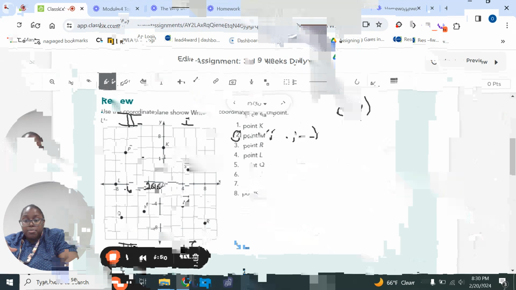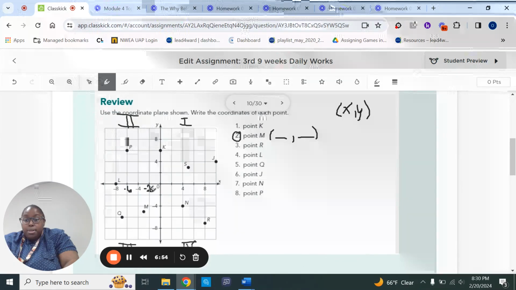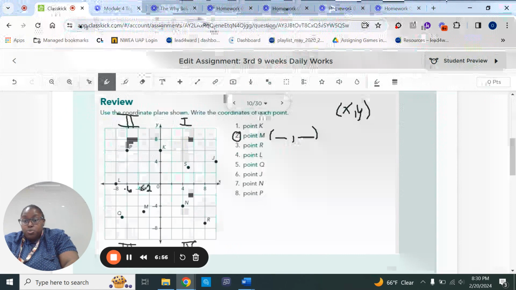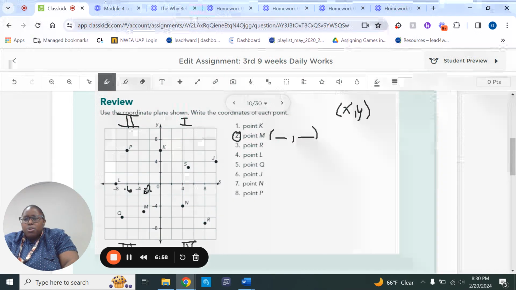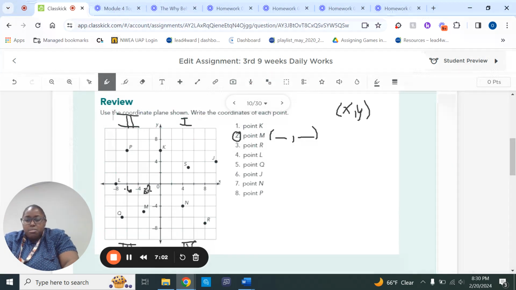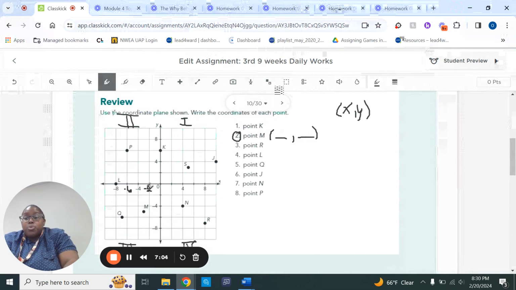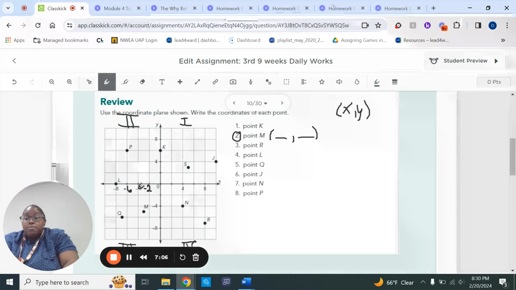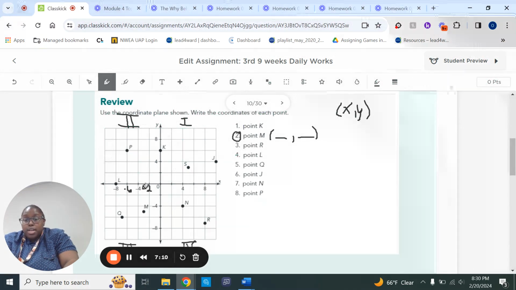Now, here's the thing about it. M is between -2 and -3. Well, what is in between -2 and -4? Let me rephrase that. What is in between -2 and -4? It's -3.